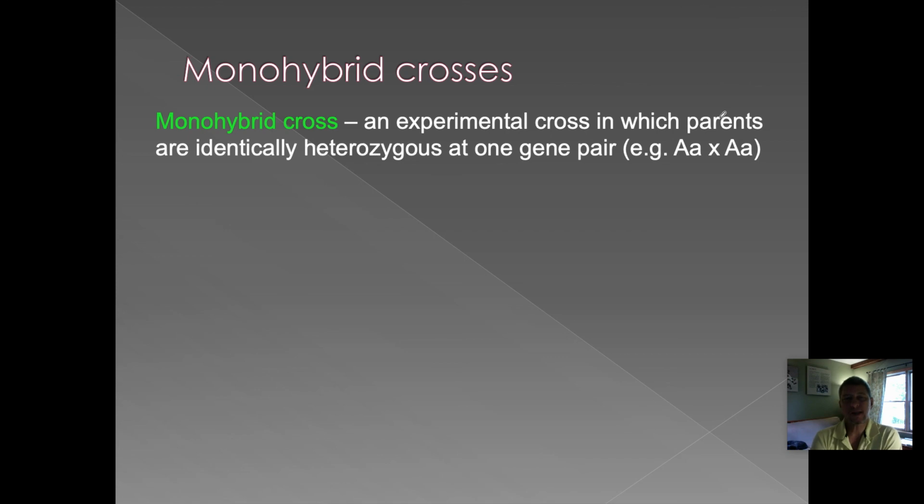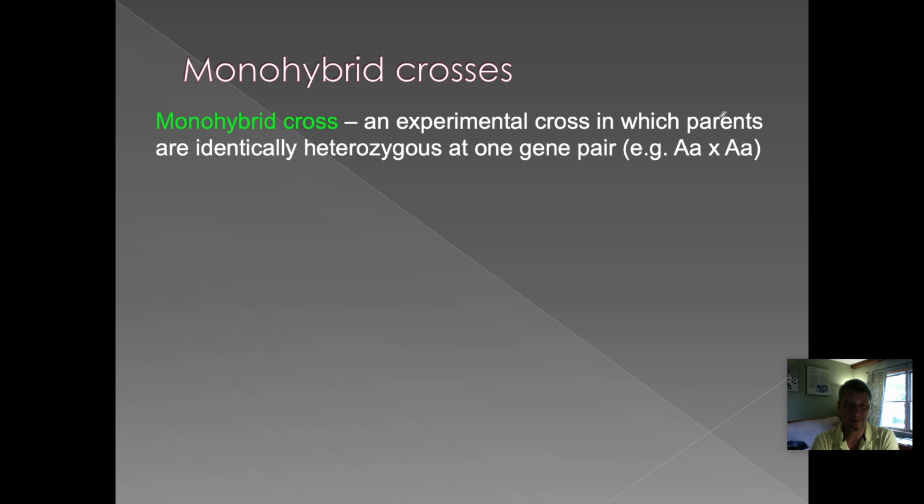So the last thing that I want to point out is something called a monohybrid cross. And this is defined as an experimental cross in which the parents are identically heterozygous at one gene pair. So, for example, they have big A, little a, big A, little a.